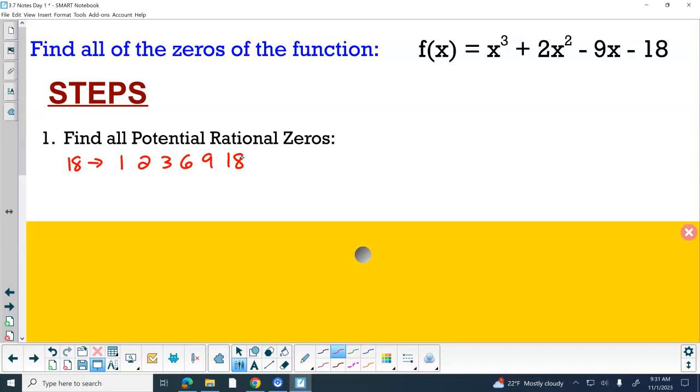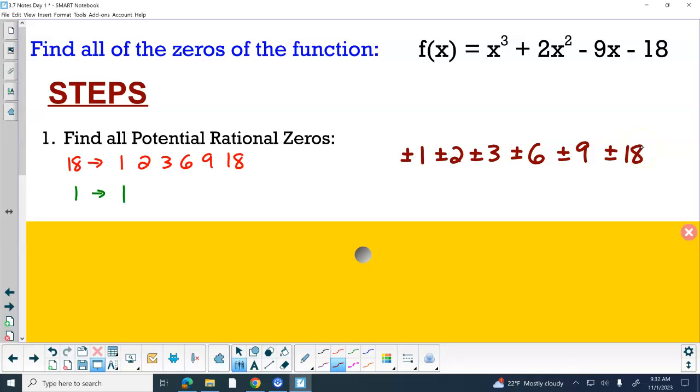What are the factors of 1? Trick question. It's just 1, right? So my list of potential zeros is that.